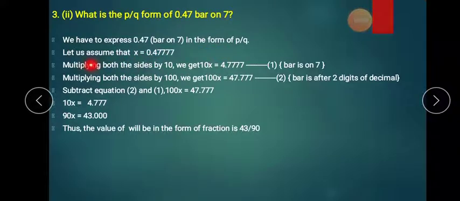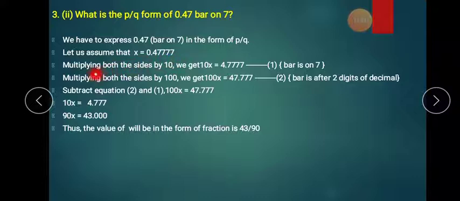So we'll go by the same pattern. Let us take x equal to 0.47777. Now why is 7 repeating? Because the bar is only on 7, so 7 is repeating. So we have taken x equal to 0.47777.